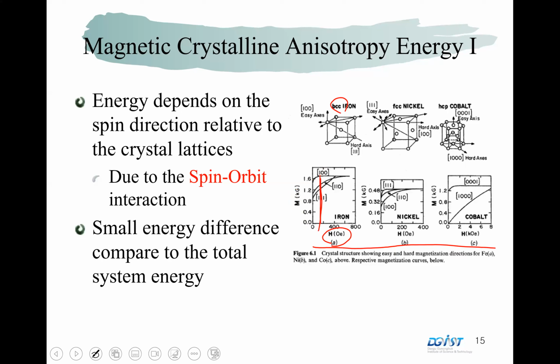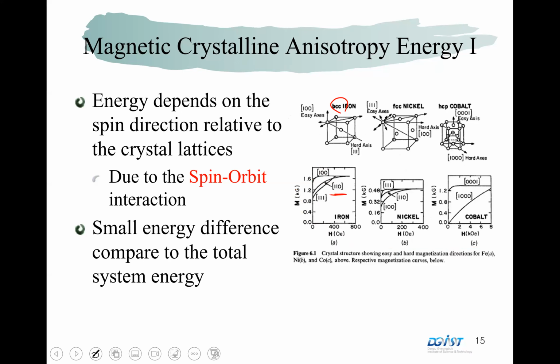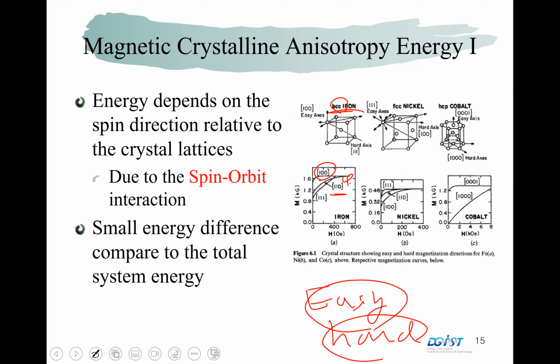But for the other direction, for example this 110, they require a much larger field to saturate. So we can say the magnetic moment in iron prefers to align to the 100 direction. This is what we call the easy axis, because it's easy. And this direction is what we call the hard axis. It's a very straightforward name. Why do they prefer a certain direction?